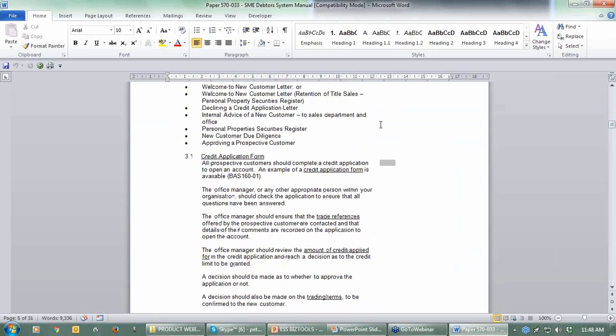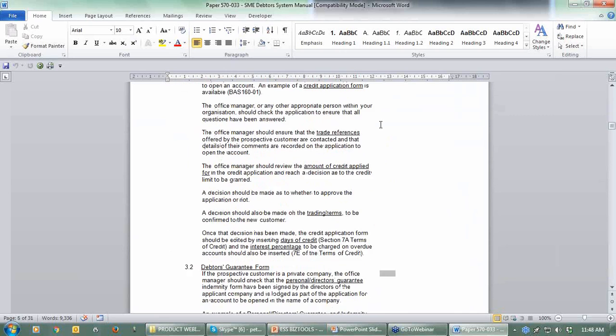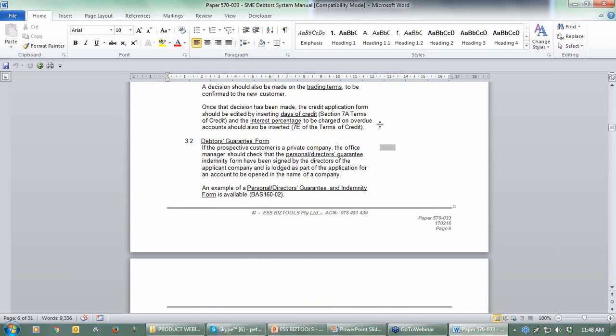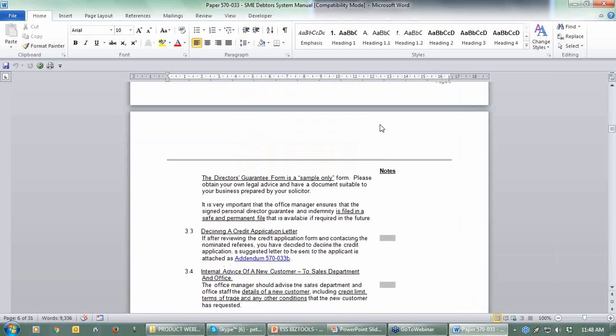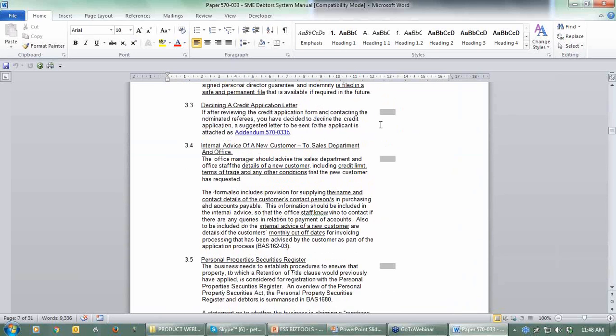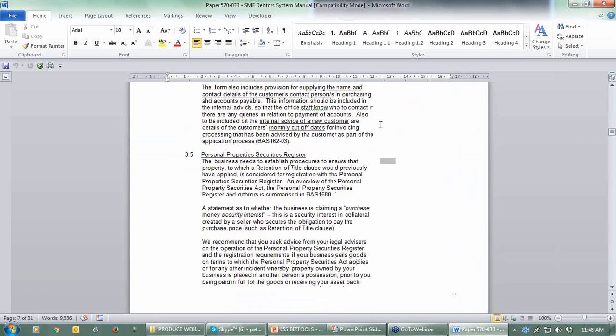It's a series of forms and templates to help the person who's got the responsibility of administering debtors.